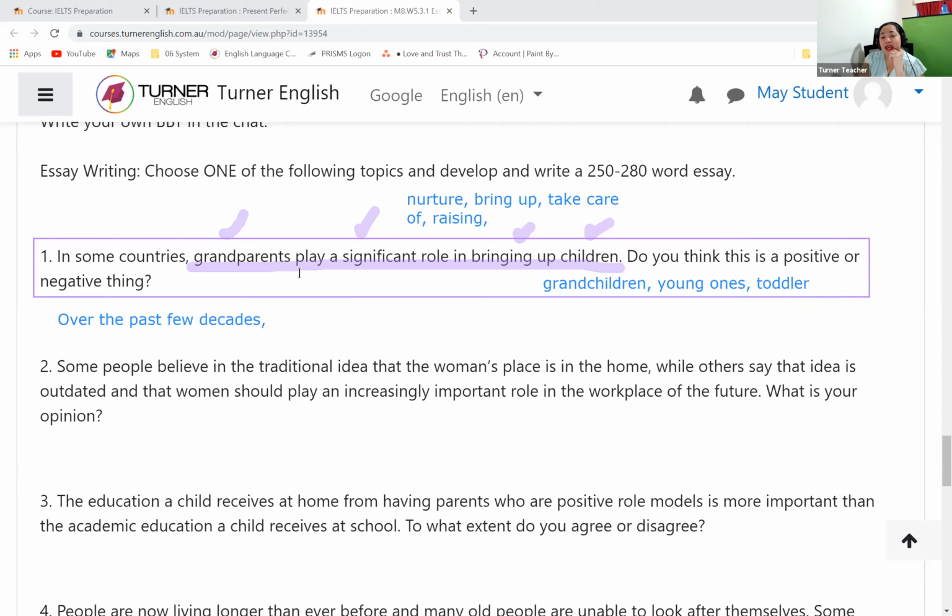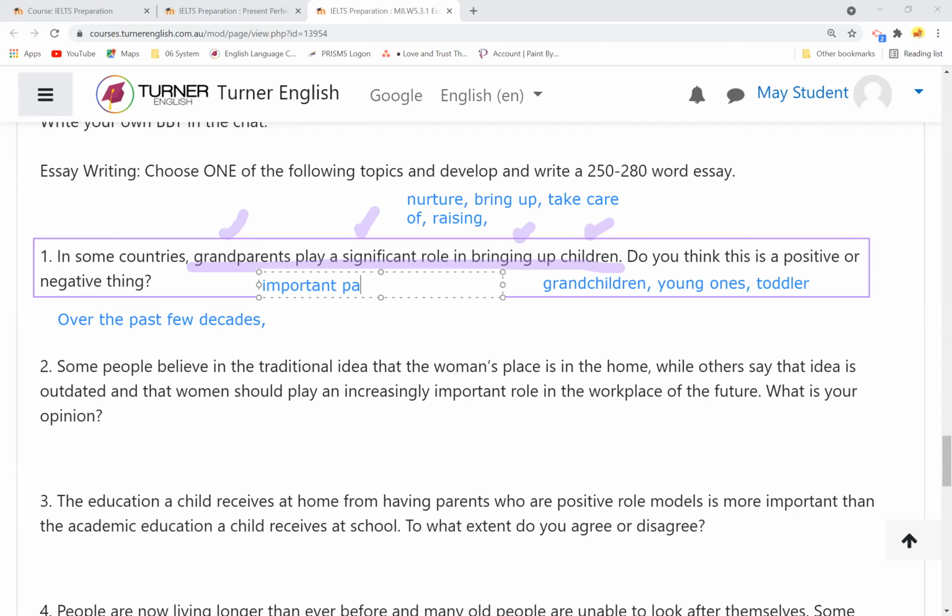Okay, so can we think of another way to say to play a significant role? Is there any other way we can say it? Important. Important what?